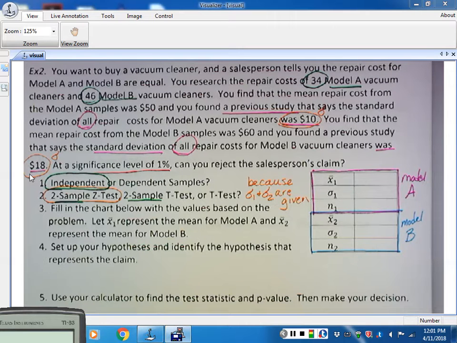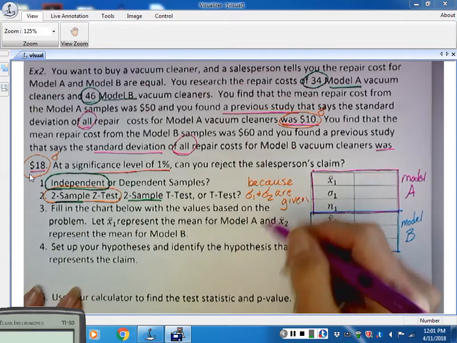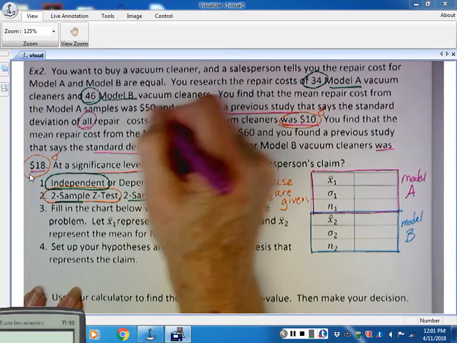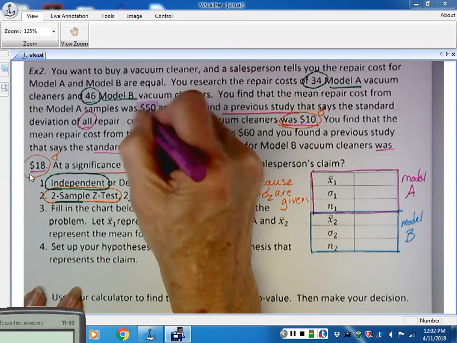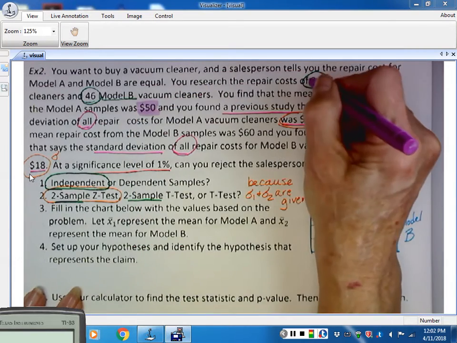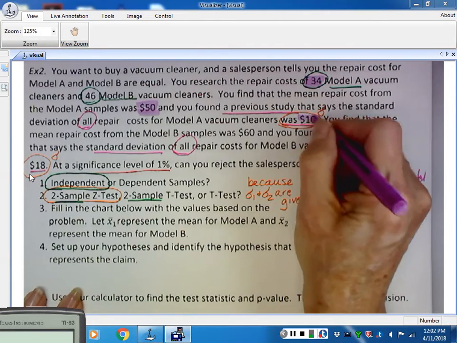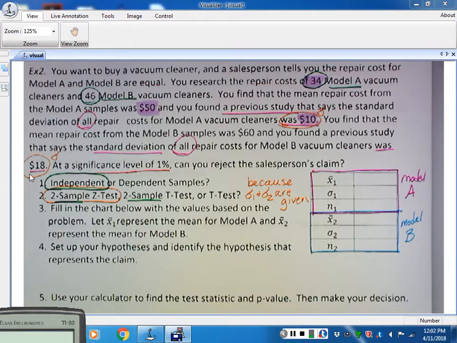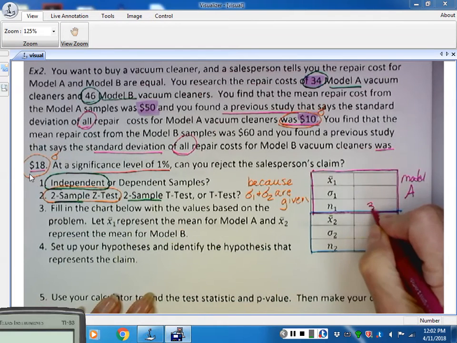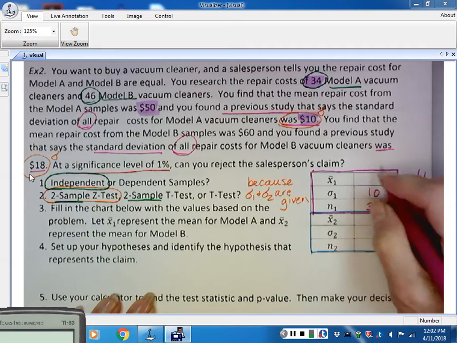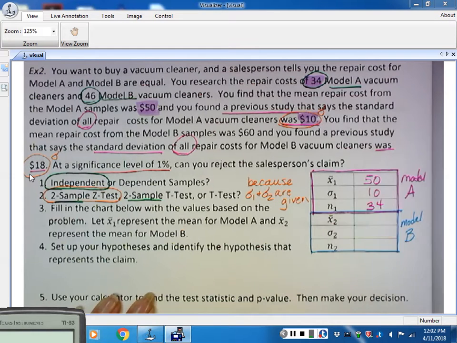So looking first at Model A, it says the mean repair cost for Model A was $50, and the size of n was 34, and sigma was 10. So we fill in that information.